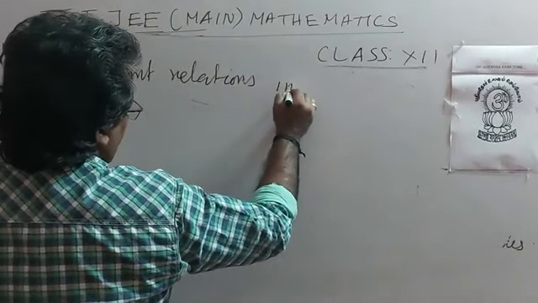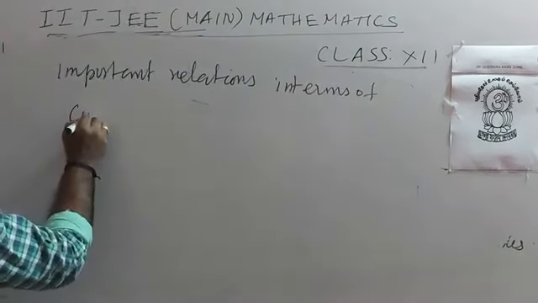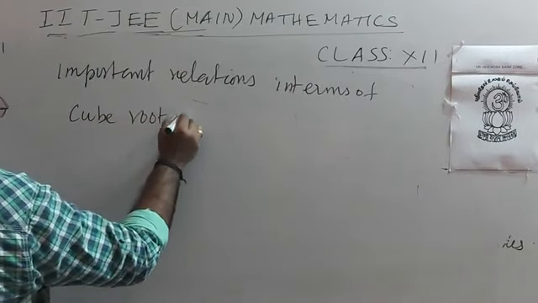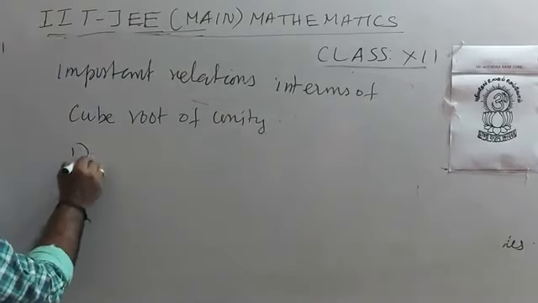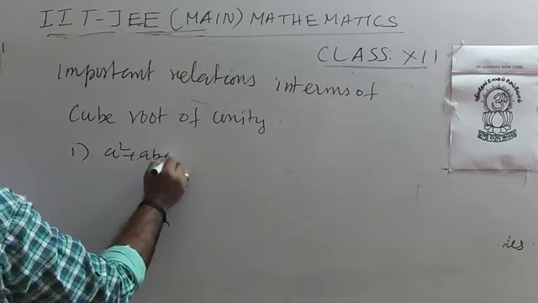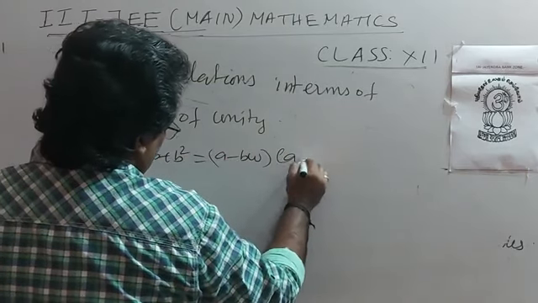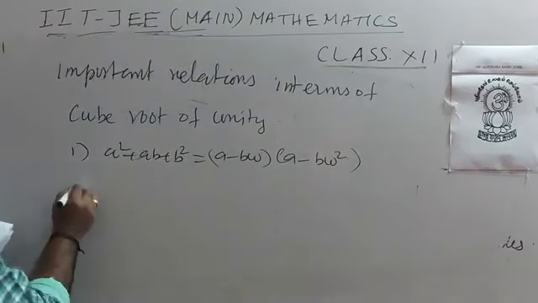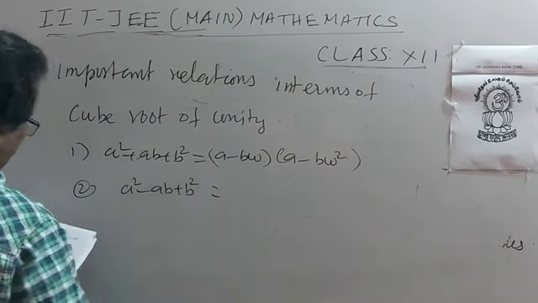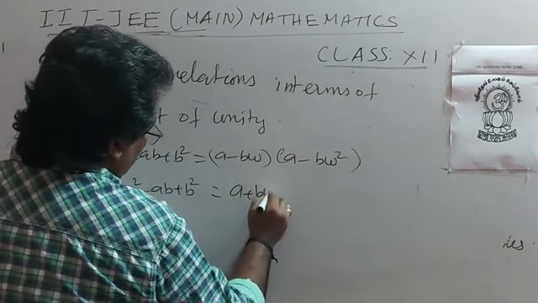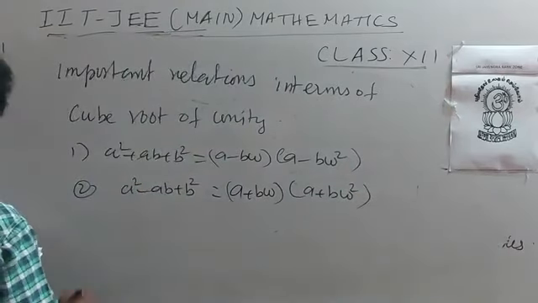Important relations in terms of cube root of unity. A squared plus AB plus B squared equals A minus B omega into A minus B omega squared. A squared minus AB plus B squared equals A plus B omega into A plus B omega squared.